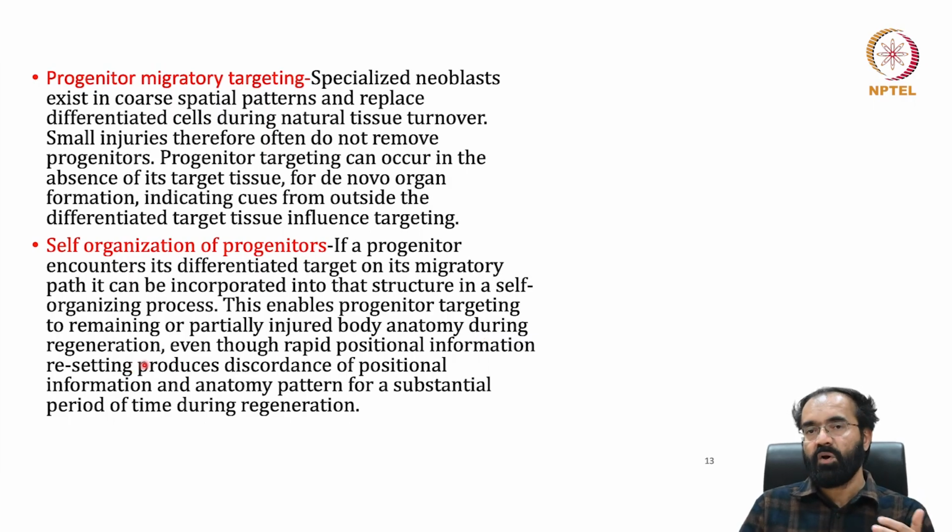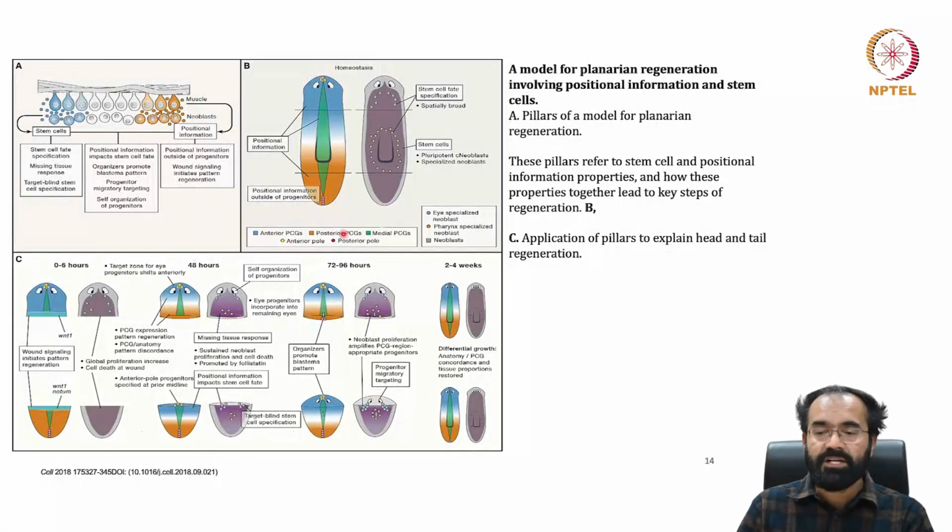So these points should be kept in mind: regeneration doesn't happen just because of the congregation of all these factors. It also looks at what is there in the immediate neighborhood. If it finds an organ, it will get trapped. So this picture shows the model for planarian regeneration involving positional information and stem cells.